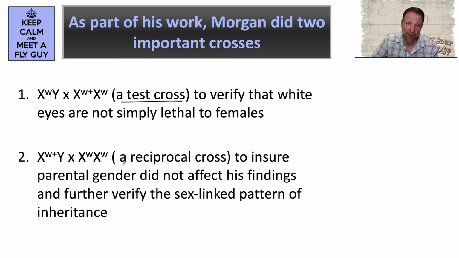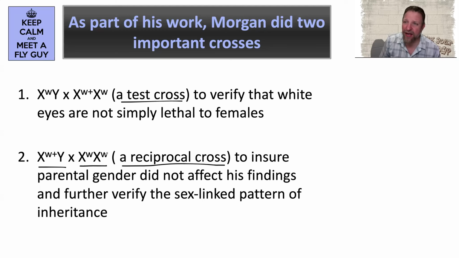The other cross that was performed was a reciprocal cross, okay? So now that we have a white-eyed female, right? So this is a white-eyed female, XW, XW, 2 recessive white-eyed mutations on the X chromosome. We can cross it with a red-eyed male, okay? Red-eyed male, white-eyed female.